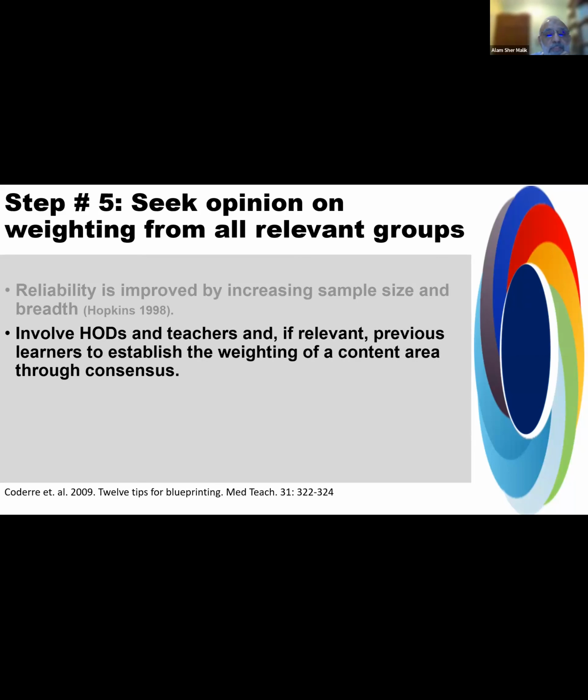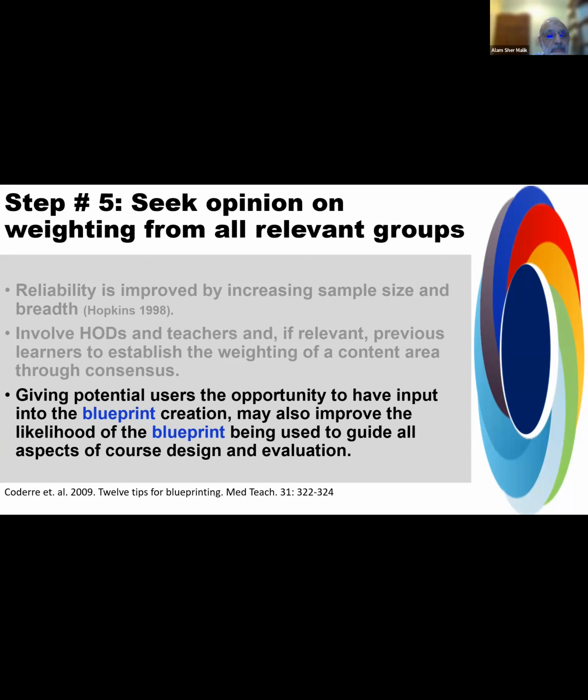So HODs, heads of the department, and if relevant, even the senior students can be consulted in deciding the impact and the frequency. If we involve all the staff members, then it is more likely to be accepted and practiced.